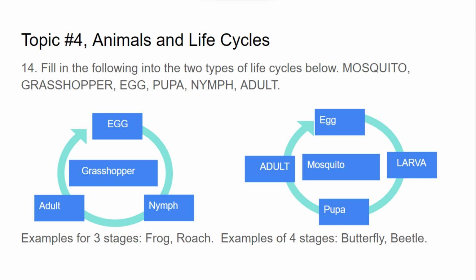The first cycle on the left consists of 3 stages, while the one on the right consists of 4 stages. For the 3-stage life cycle, the animal is grasshopper and we can start from egg, nymph, and then adult. Mosquito has a 4-stage life cycle. We can start from the egg to larva, then pupa, then adult.